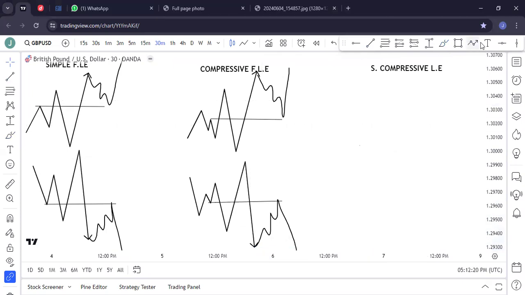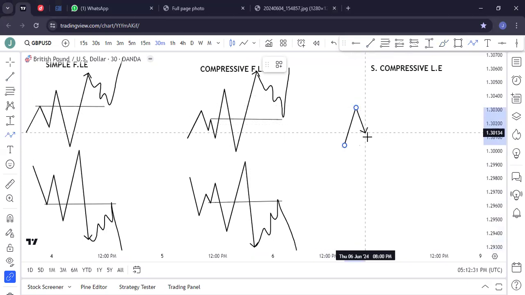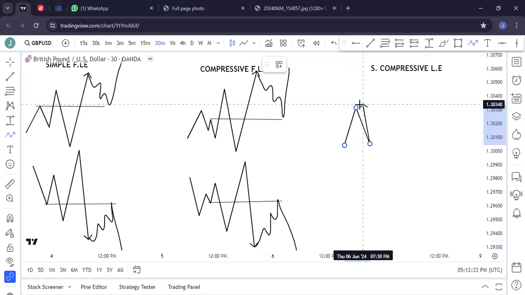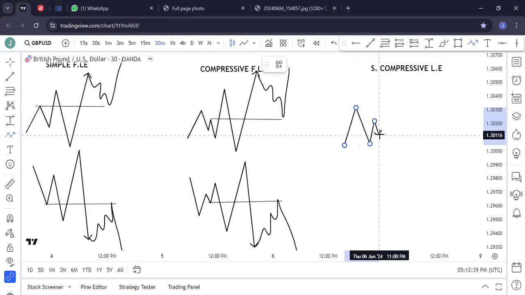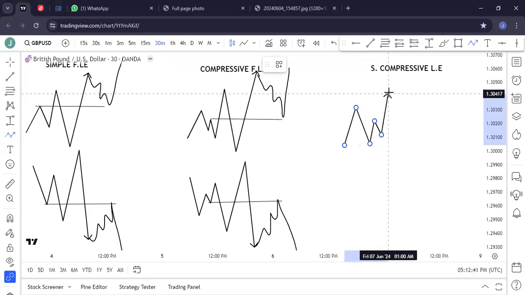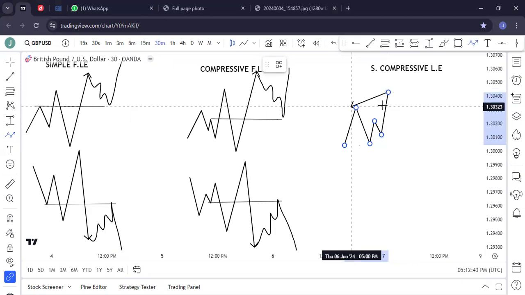So in the simple compressive is where the market creates a high, then a low, then before coming to break this point here, to make a break of structure, the market performs a small trend, then breaks the structure.